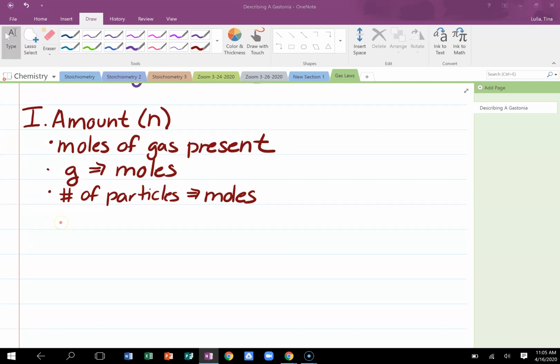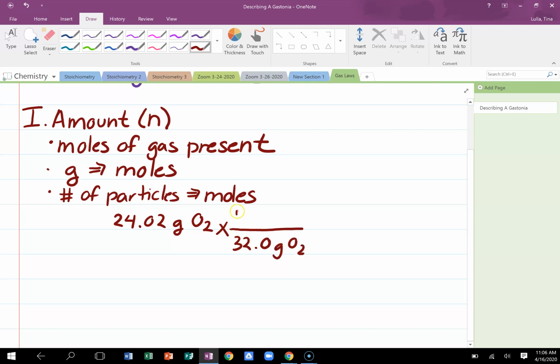Let me give you a quick example. For example, if I had 24.02 grams of oxygen gas, I would convert that by using the molar mass from the periodic table. Oxygen is 32 to moles, and I would get an answer in moles of oxygen.